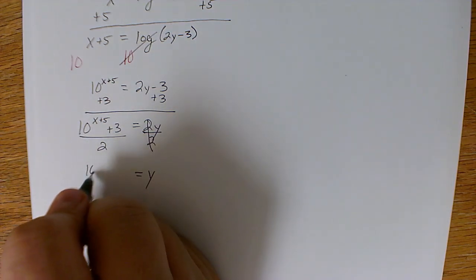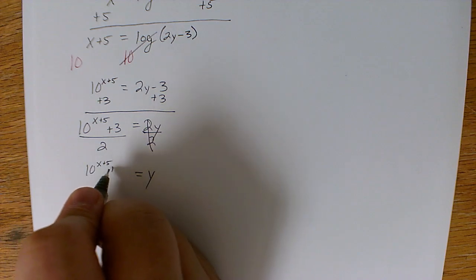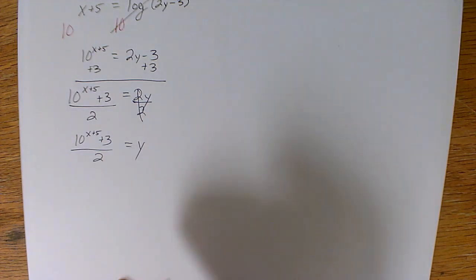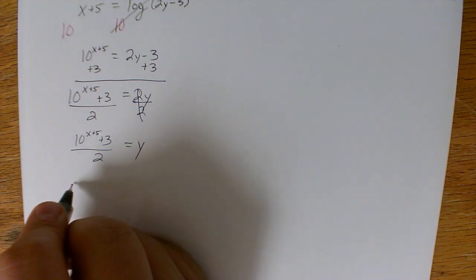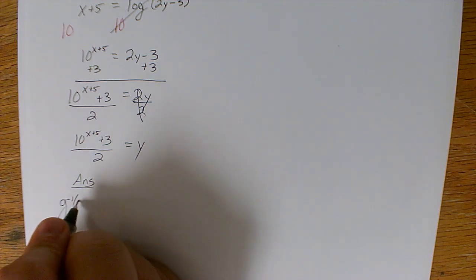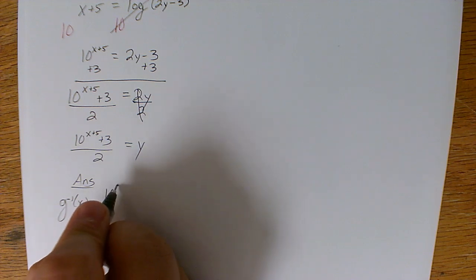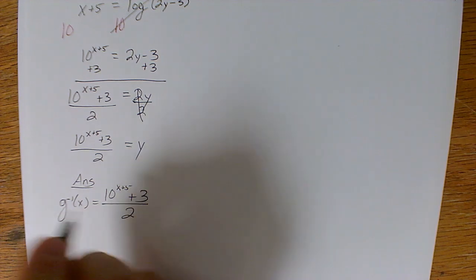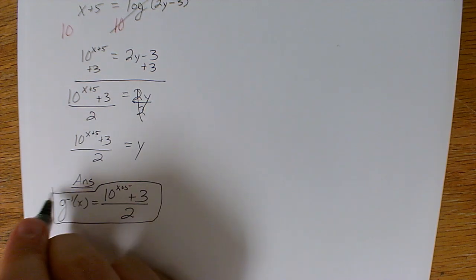We'll have y is equal to 10 to the x plus 5 plus 3 over 2. And you could have skipped to the pretty part. We're going to go ahead and write our final answer. g inverse of x is equal to 10 to the x plus 5 power plus 3 over 2, and we are done. That is the inverse.